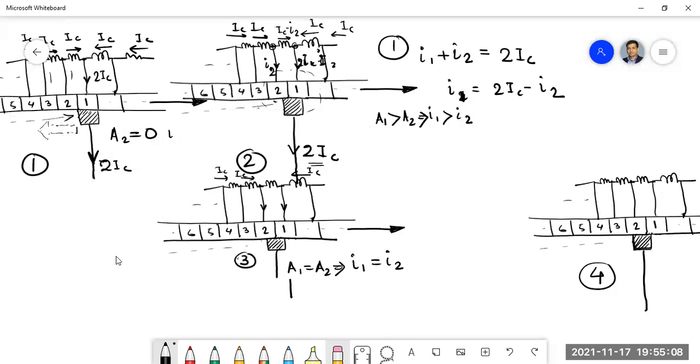Yes, sir. Now, if that is the case, both the two paths will carry I2, and if this is IC, that means here also IC, and here also you will get IC. And in this branch, what will be the current? In the coil undergoing commutation, what will be the current there?